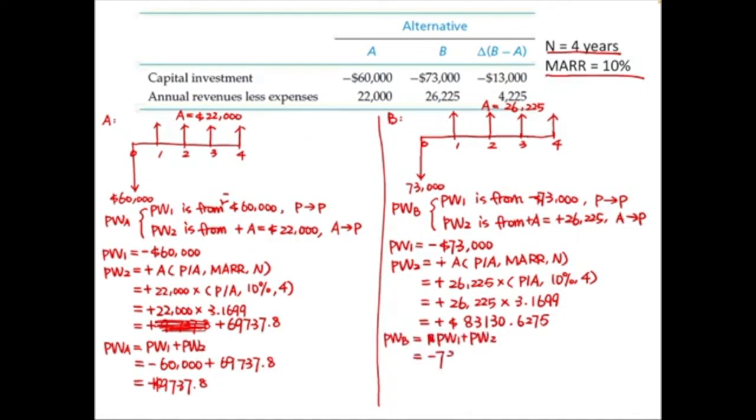Okay, which is negative 73,000 plus positive 83,130.6275, which will give you a positive US dollar 10,130.6, which means if you do option B, you will end up earning $10,130.6.